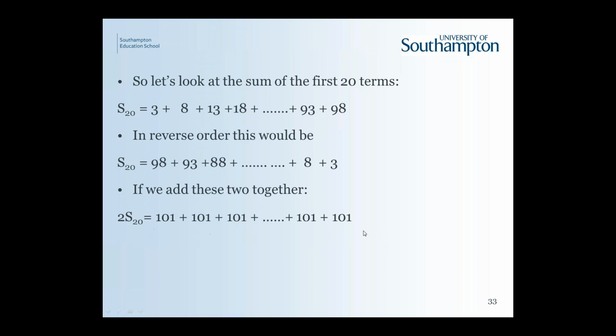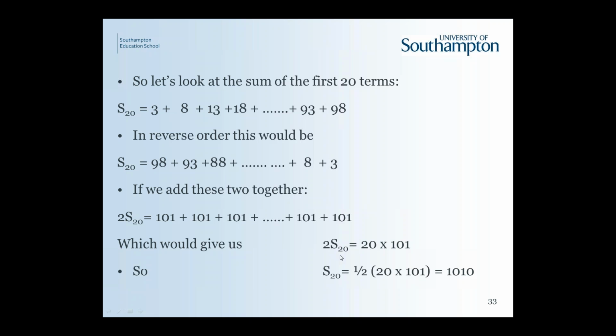I've got 20 terms, because that's how many the S20 was. So I'm going to have 20 times 101. So if I now just want the S20 by itself, I just have to divide by 2. So 20 times 101 divided by 2 is 1010. Much quicker than typing all of those into the calculator.